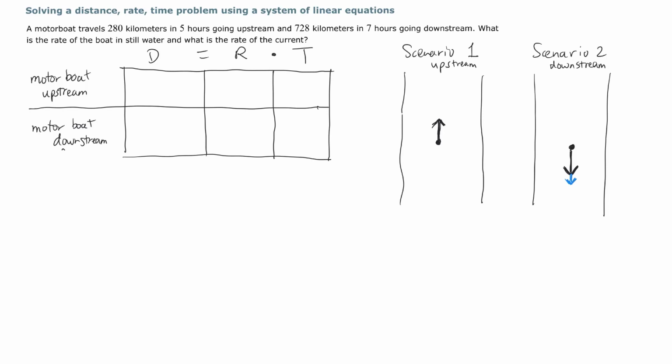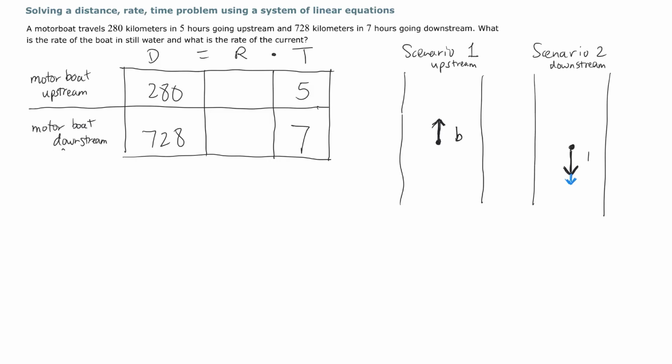We have 5 hours going upstream, 280 kilometers, and motorboat going downstream, we have 728 kilometers, and in 7 hours. What is the rate of the boat in still water, and what is the rate of the current? Why don't we use little b here for the rate of the boat?